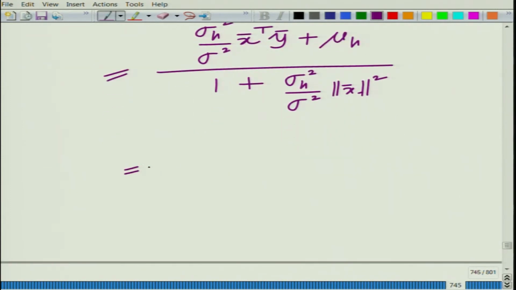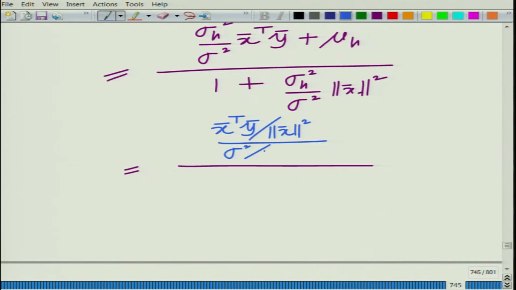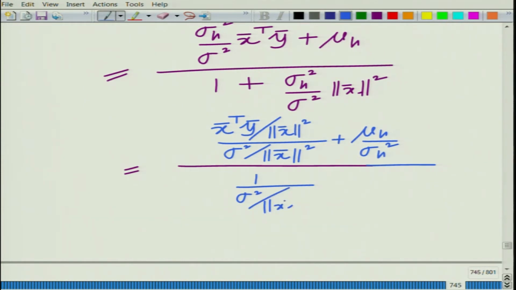Going one step further, you can write it as x bar transpose y bar divided by norm x bar square, divided by sigma square divided by norm x bar square, plus mu h divided by sigma h square, plus 1 divided by sigma square divided by norm x bar square plus 1 divided by sigma h square.